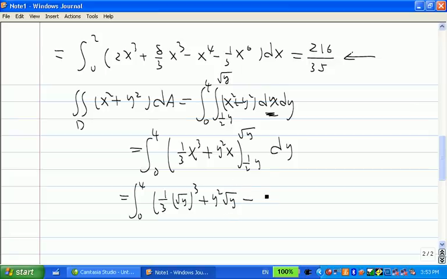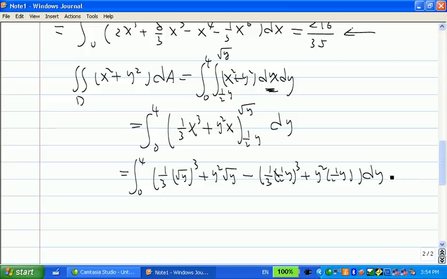Then subtract 1/3, replacing x here by 1/2 y, so 1/2 y to the third, plus y squared times x, where x is 1/2 y, dy.